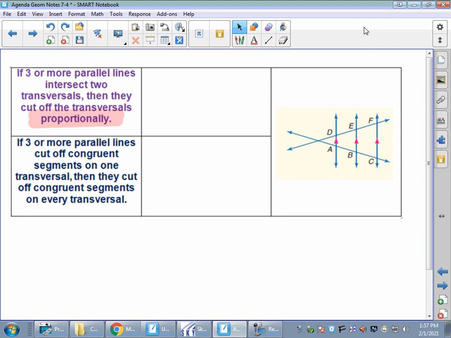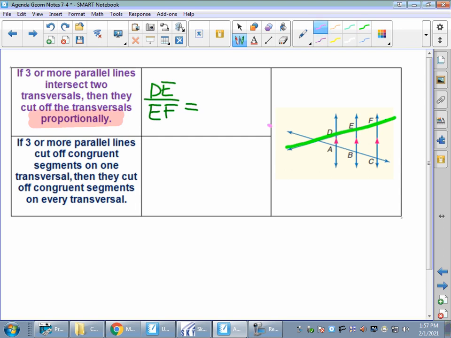So what we can do then is we can set up a proportion. This feels a lot to me like what we just did at the beginning. So I can take on this transversal, I can take my parts. So DE over EF. And then I go to my other transversal. And remember, just be careful what order you set those up in.